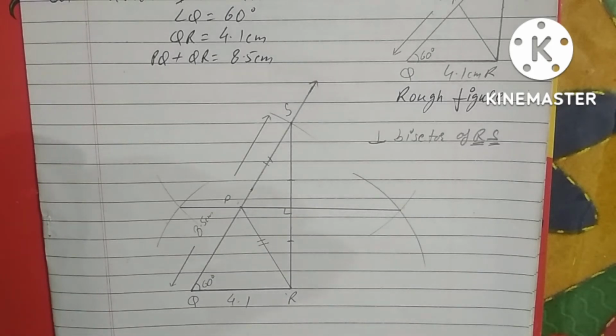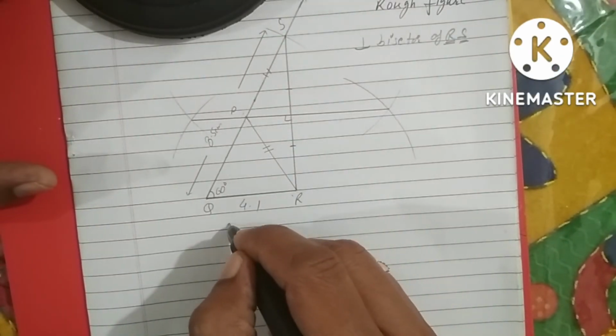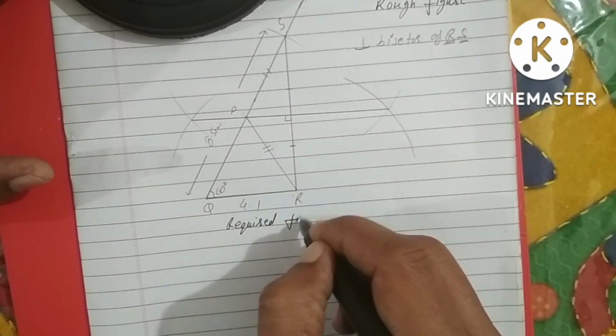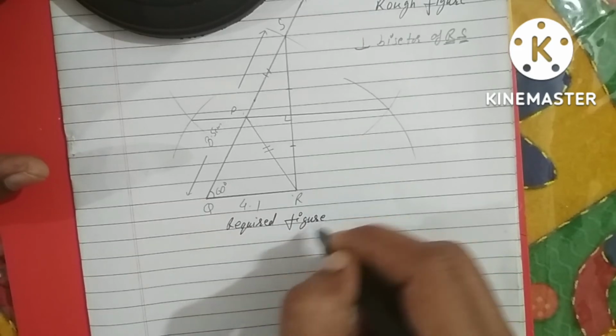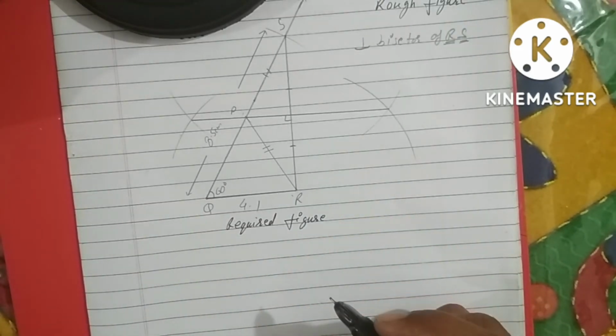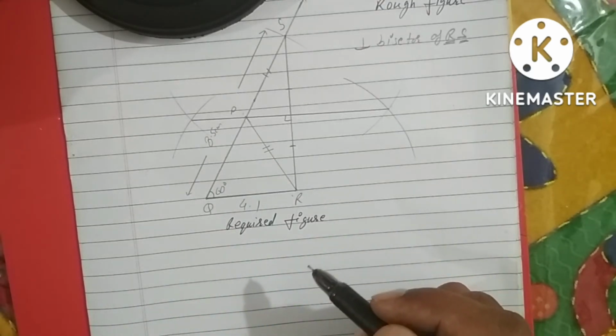Okay, now to analyze whether we have done things correctly or not. Now this is our required figure. Very important to write over here, required figure. Okay, now we're going to prove whether our construction is correct or not.